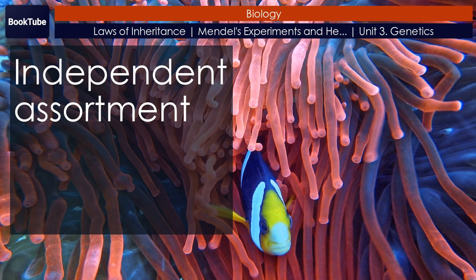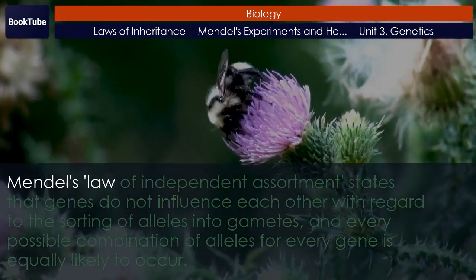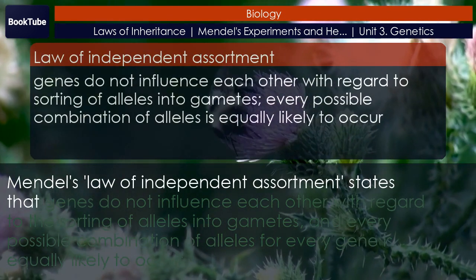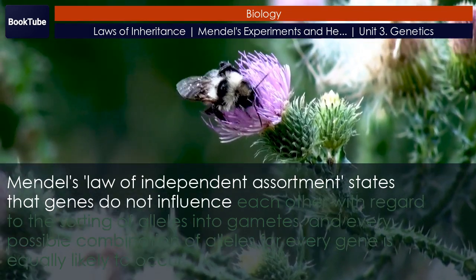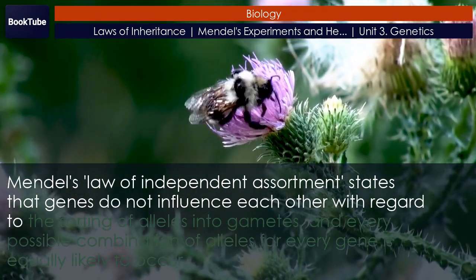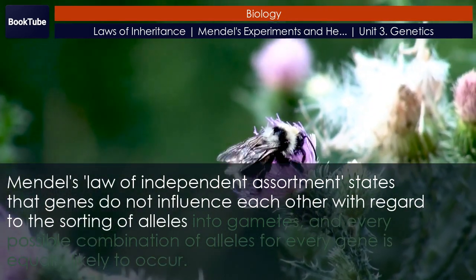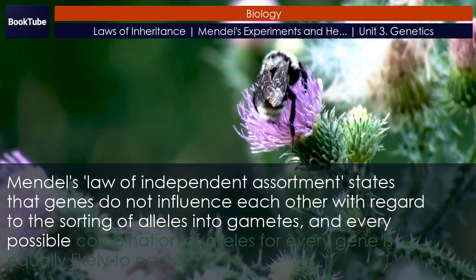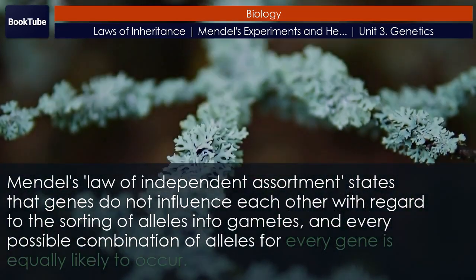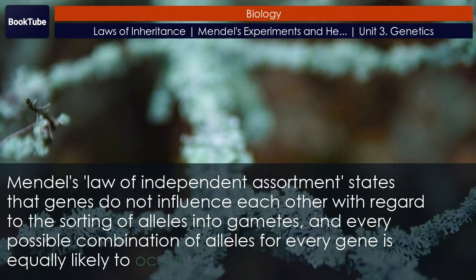Independent assortment. Mendel's law of independent assortment states that genes do not influence each other with regard to the sorting of alleles into gametes, and every possible combination of alleles for every gene is equally likely to occur.